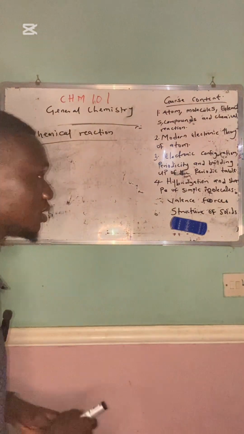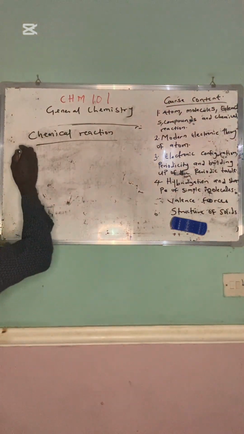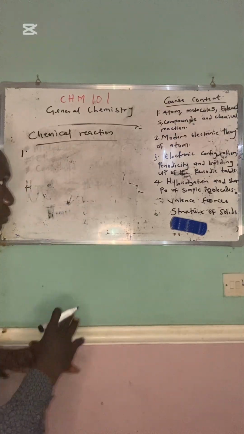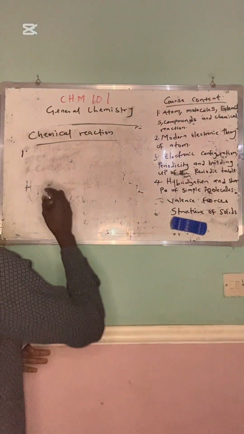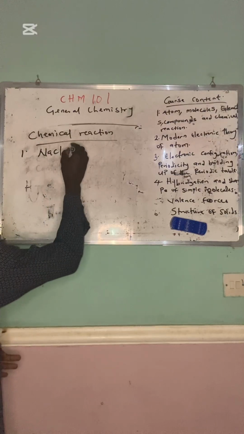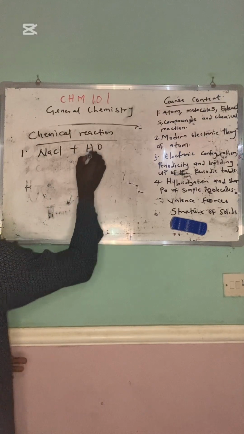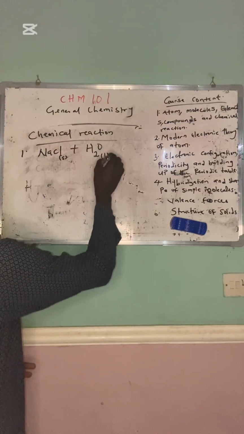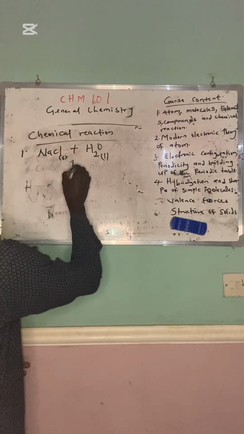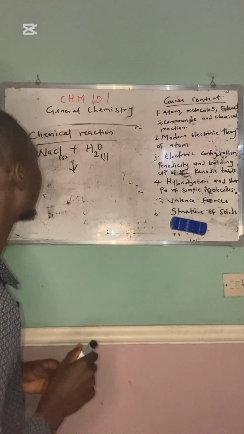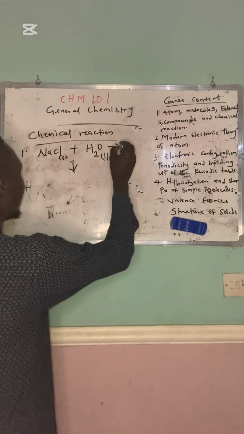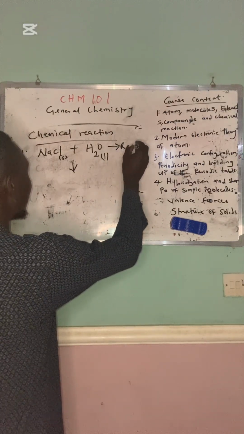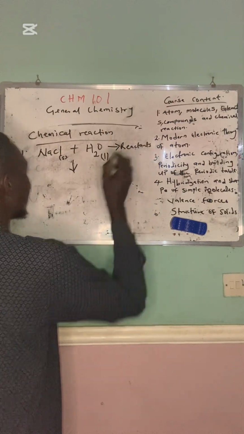So let me pick one example to just give us a preview on what a chemical reaction is. Let's take, for instance, I have this reaction. Now this is what we call the reactant.